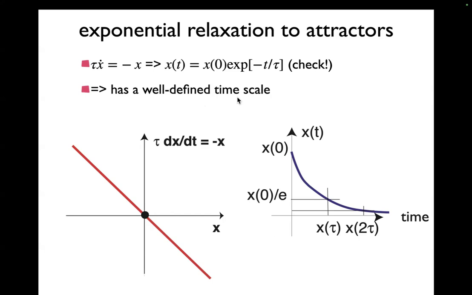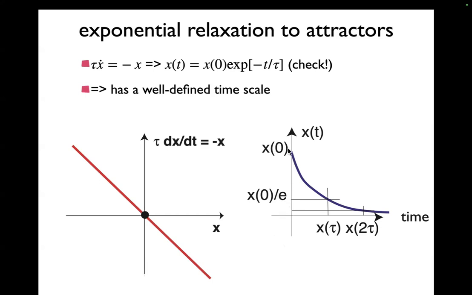Mathematically speaking, time scale refers to exponential time courses. And the notion is that if you have an exponential time course, there is a particular time that's called here tau, on which the time course makes a significant change. Here, by convention, we are talking about e, the natural number, which is the basis for the exponential function, 2.7 something, let's say approximately 3.